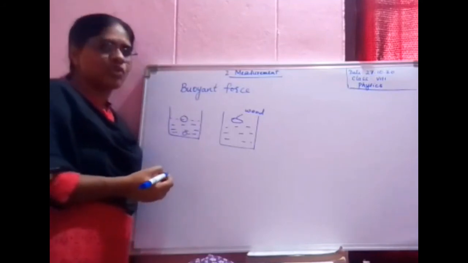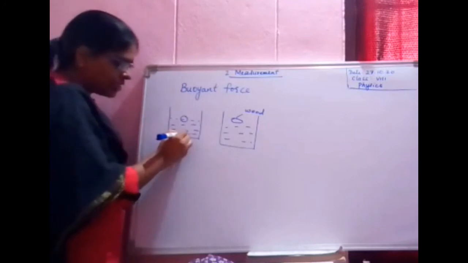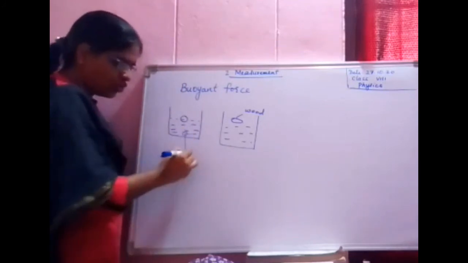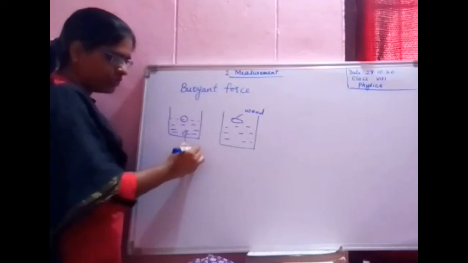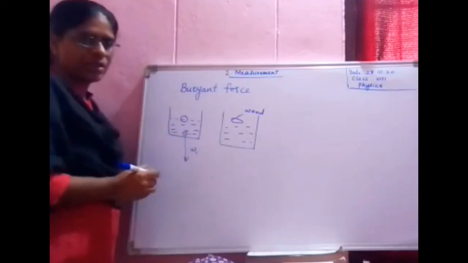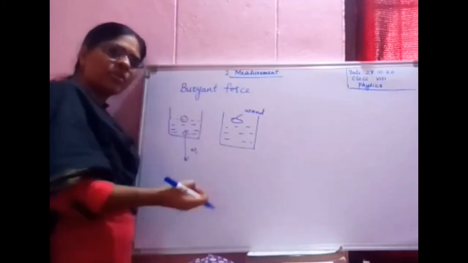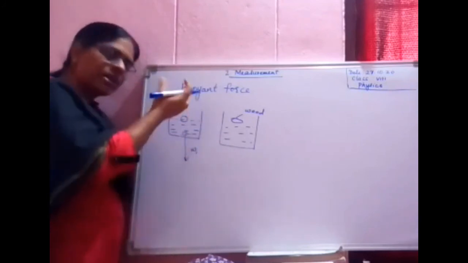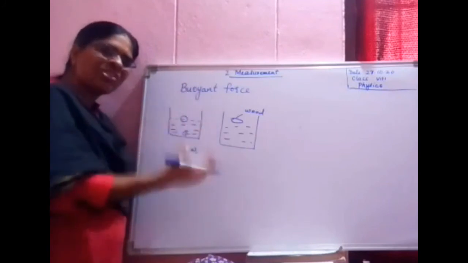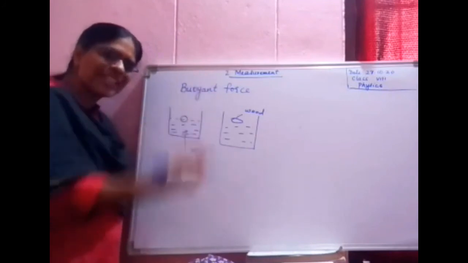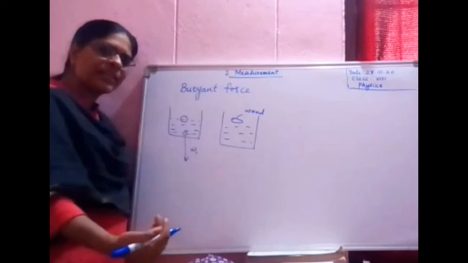Gravitational force. Now in this case also, the weight of the stone, let us assume W1. The stone is reaching the bottom of the beaker, so the weight of the stone, the gravitational force, is acting towards the earth.